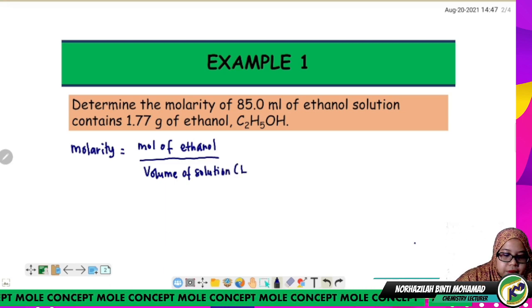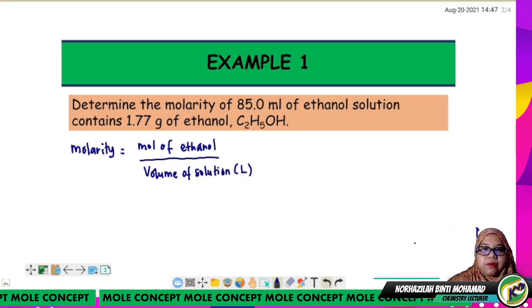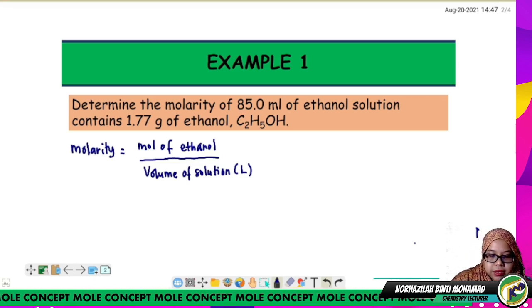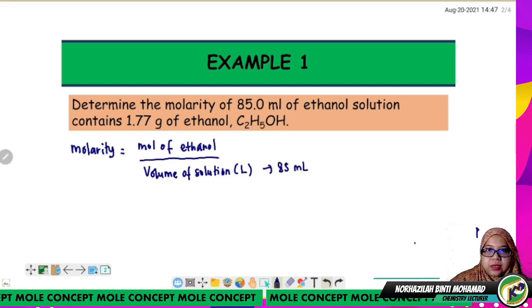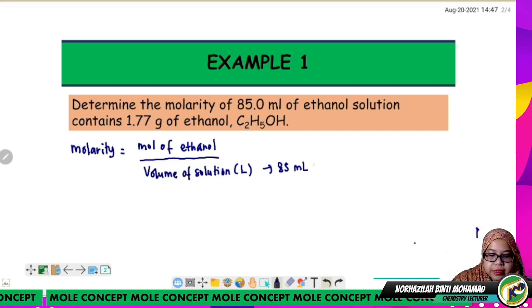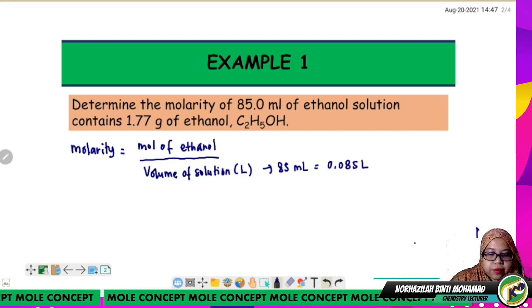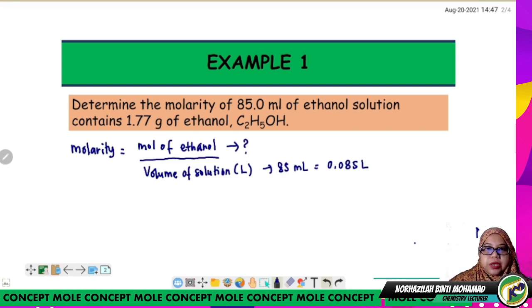Remember, the volume of solution must be in liter. The volume of solution is given as 85 ml, so we convert it into liter by dividing by 1000, and we get 0.085 liter.